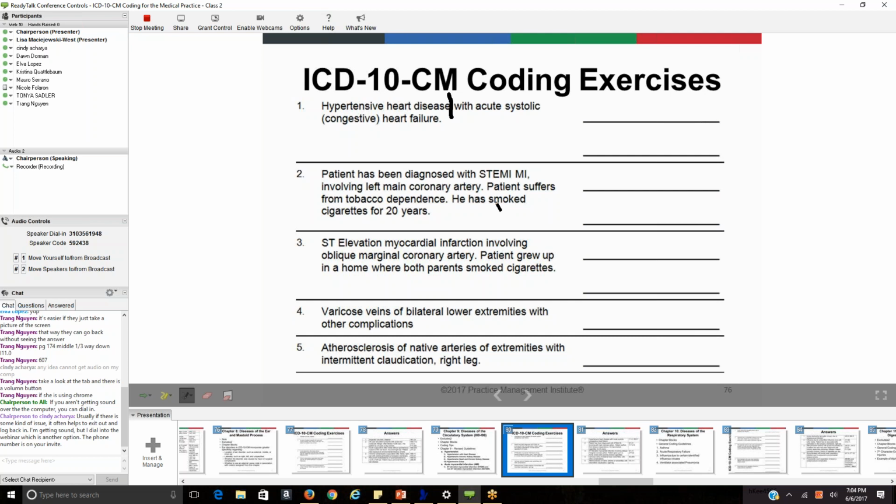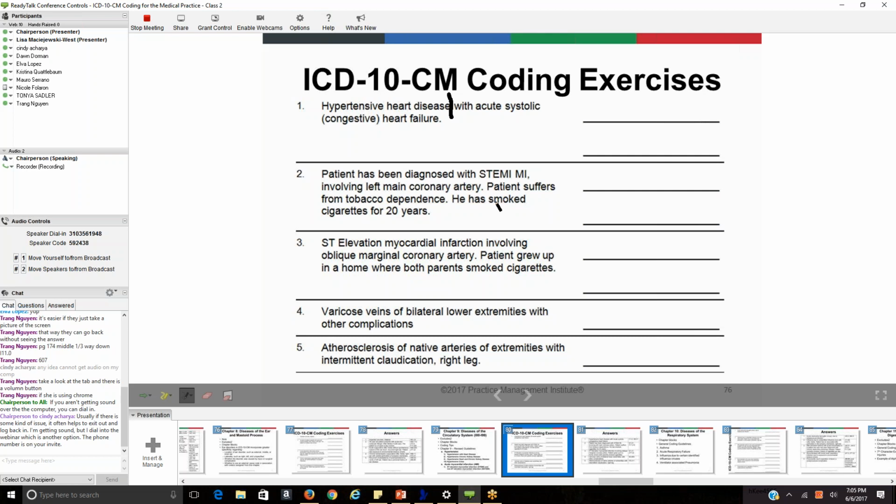But if you go to the top of page 608 under the I21 family name, where it says ST elevation STEMI and non-ST elevation myocardial infarction, there are some red notes, and the notes say use additional code if applicable to identify tobacco dependence. And so tobacco dependence is F17 point dash. Okay, so if there's a dash, it means there's something more specific.